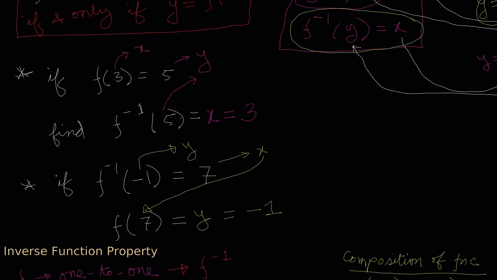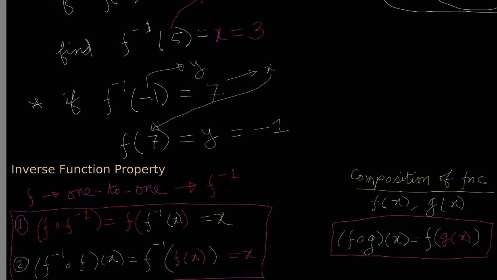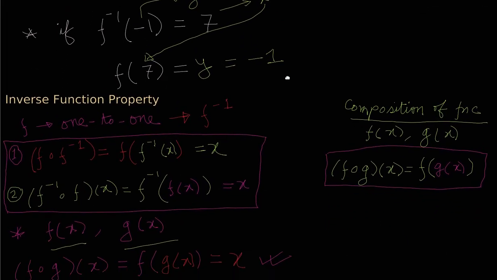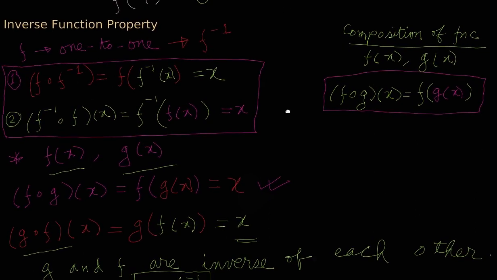So it just switches the places. For example, if f inverse of -1 equals 7, then f of 7 equals -1. And then we have seen the inverse function property. So what is the property we have seen?